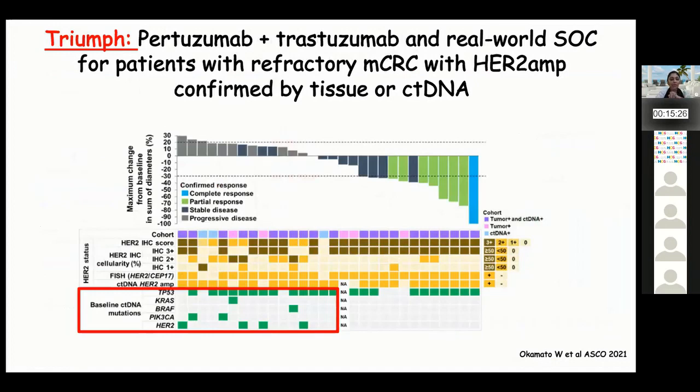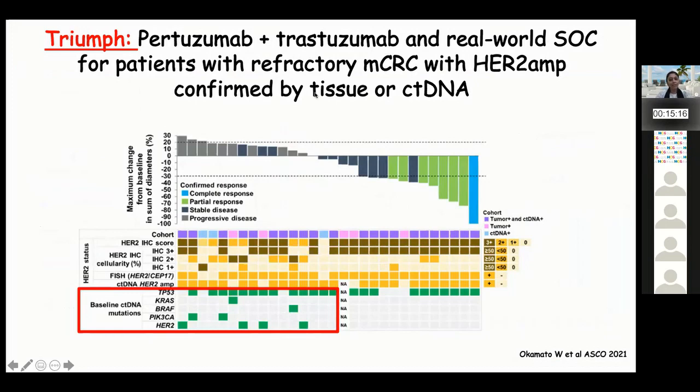Now, what about patients with HER2 amplification? We know that if these patients have a RAS mutation, giving them an anti-HER2 agent will not work. You need them to be both HER2 amplified as well as RAS wild type.